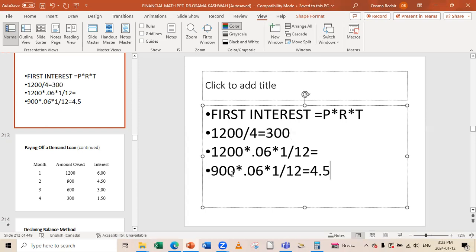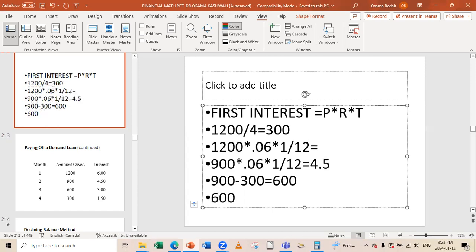So I will deduct from the 900 the third time, 900 minus 300, that will give me $600. So I will calculate the interest based on the $600, multiplied by 0.06, multiplied by 1 divided by 12.